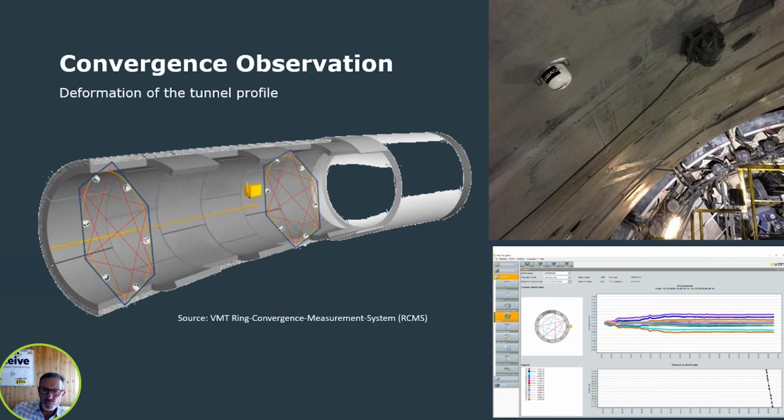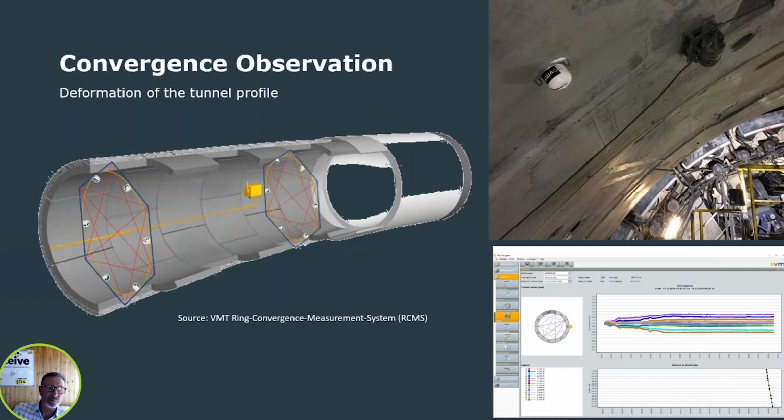and this provides a high frequency of data in virtually real time, and it allows the engineers to see the effects of the initial settlement and of the injection and curing of the grout which is put into the annulus behind the segments in order to stabilize things.